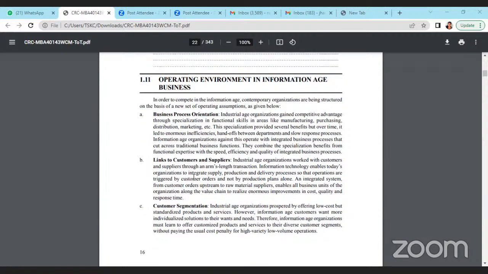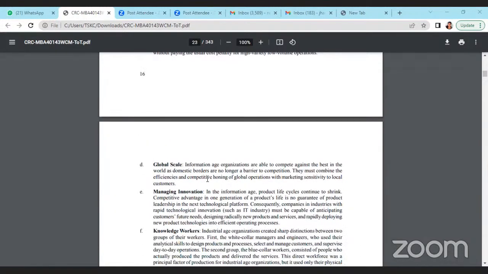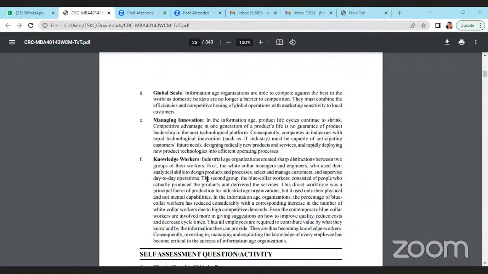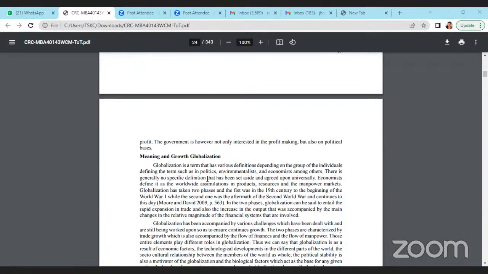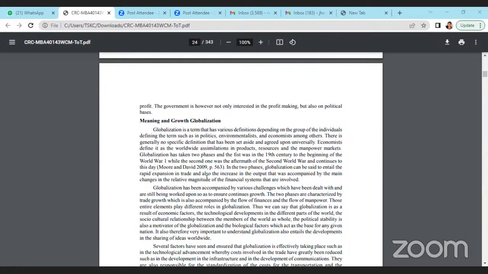Next, links to customers and suppliers. So this has to be done: customer segmentation, global scale, managing innovation, knowledge workers, and globalization and international business. How globalization has impacted manufacturing organizations, and how factors which act for the total nation, not only for some particular industry or some particular line of business, but are related to the total nation.